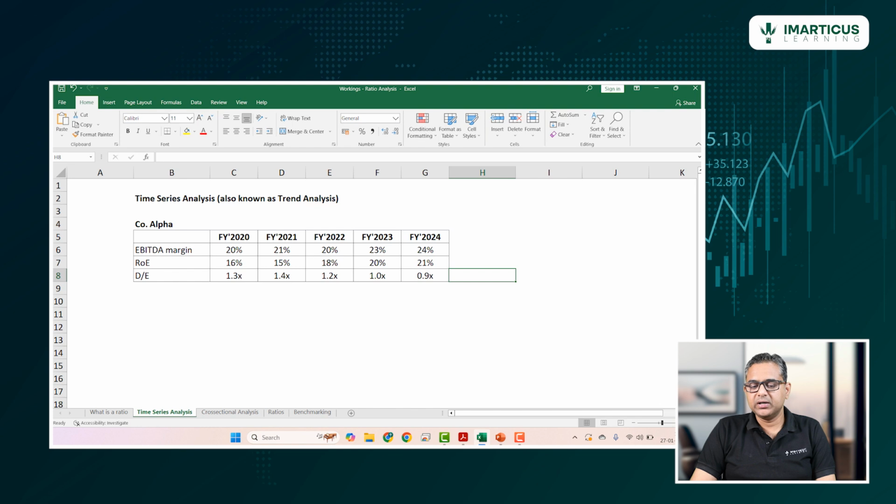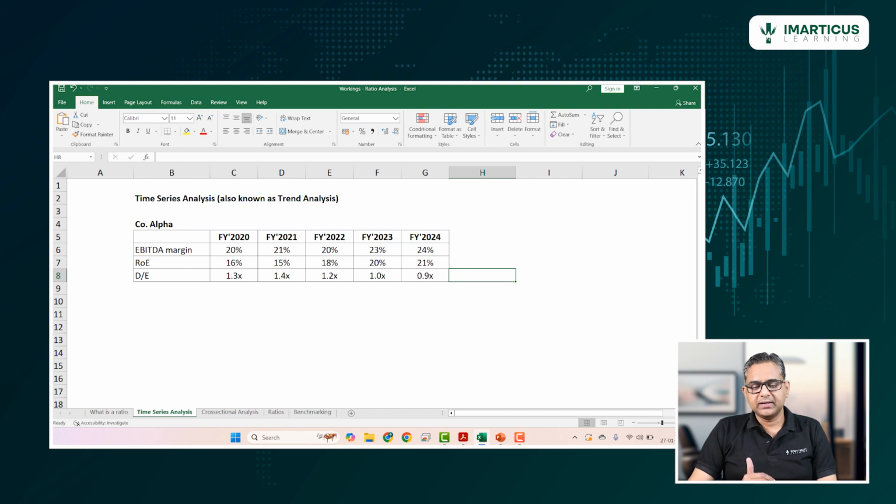1.3x in FY 2020, has reduced to 0.9x in FY 2024. So we can say that their capital structure includes debt and equity, and in their capital structure, debt proportion has reduced as compared to equity.